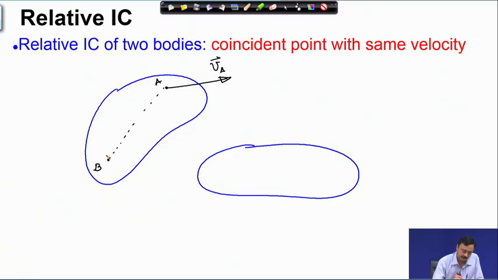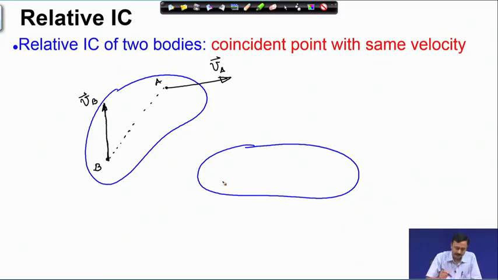So, let me take this as VB, so that the projection is roughly the same as far as the accuracy of drawing is concerned. So, this is VA and this is VB.